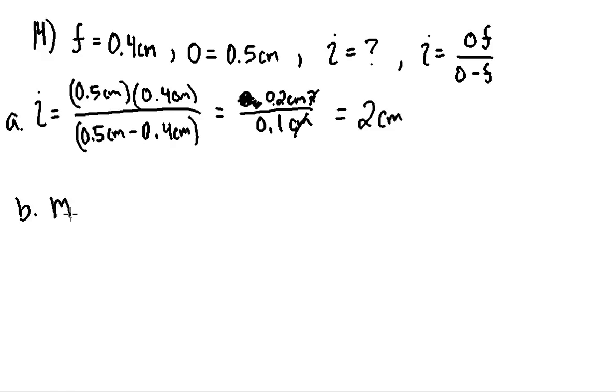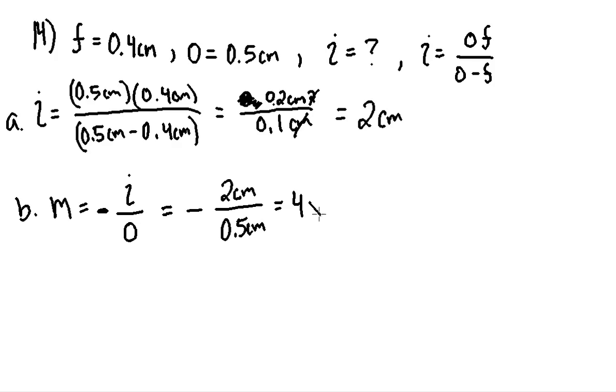This is how much something gets magnified, and it's going to be the ratio of the image and the object, but you need to have a negative sign in front of there. So how much this object is going to be magnified is based off of the negative value of 2 centimeters divided by the object, which is 0.5 centimeters. So 2 divided by 0.5 gives you 4, or negative 4.